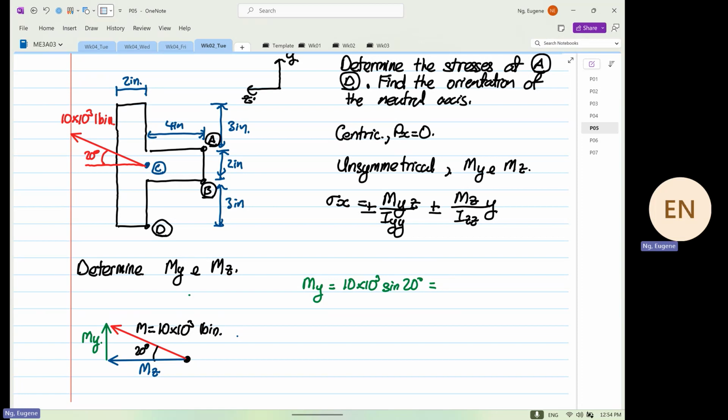Are we clear? Tonight, what is your calculator going to be? Okay, 10 to the power 3. Oh, I had mine in radians just now. That's why it looked weird. Okay, so it's 3420.